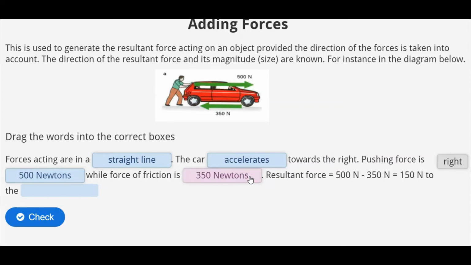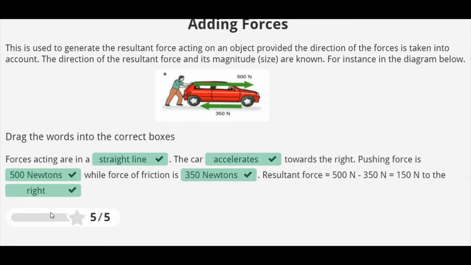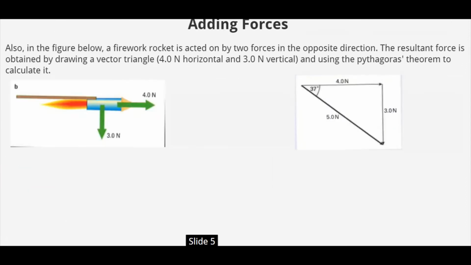The resultant force would be 500 Newtons minus 350 Newtons, which gives us 150 Newtons to the right. So let's check. We are good to go, correct. Moving on to the next slide.